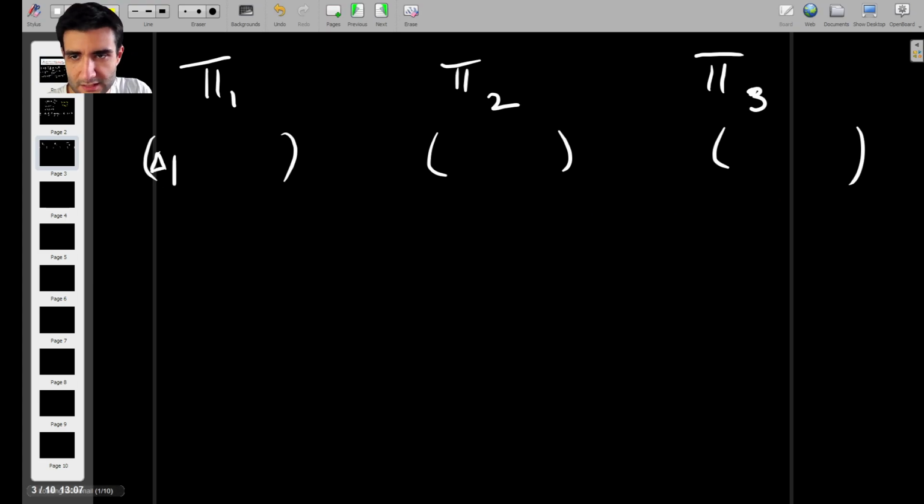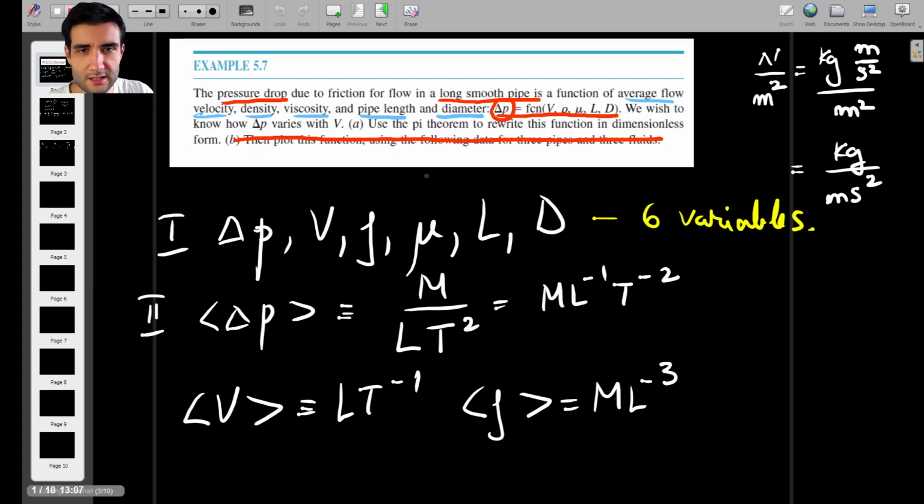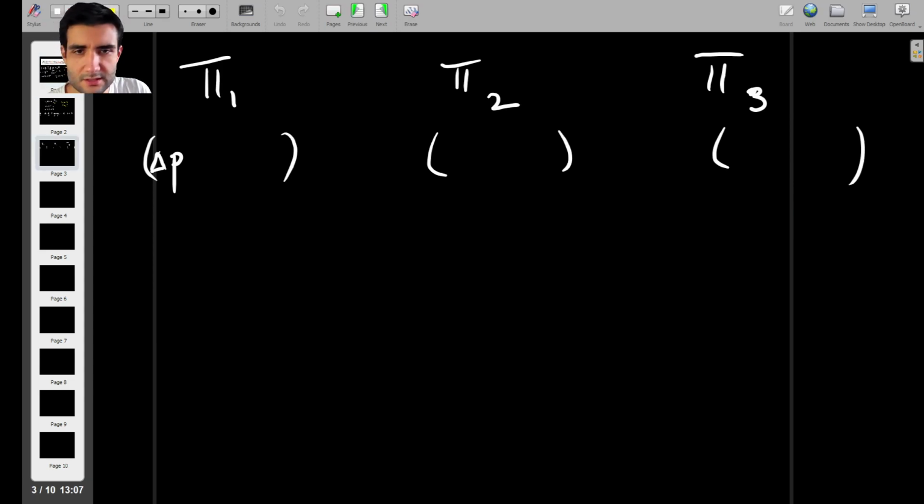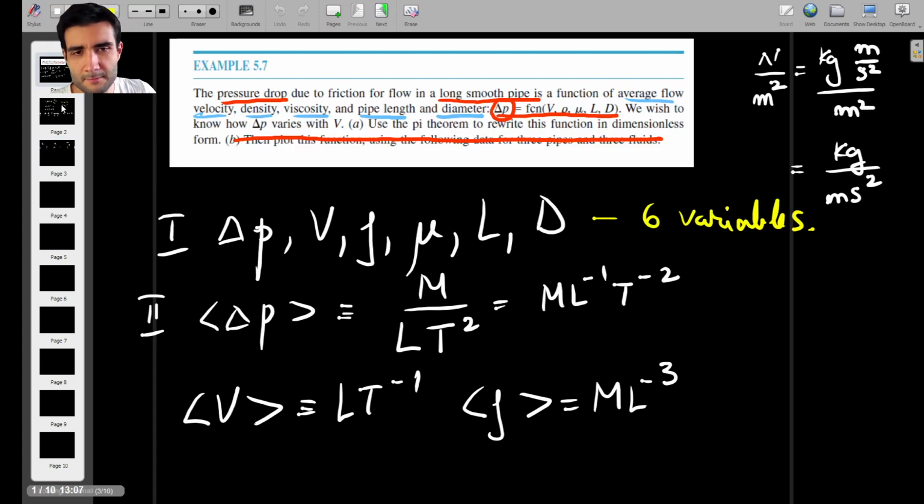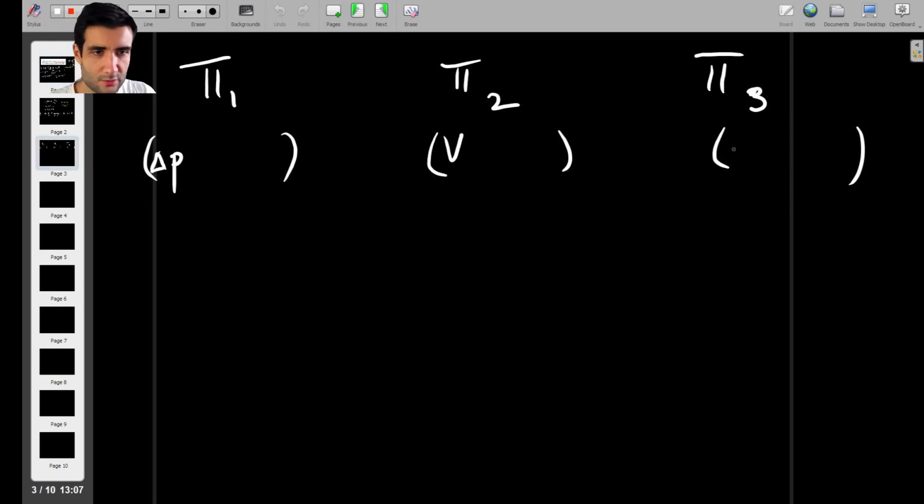So that's going to be delta P. And then for the second pi group, let's say we can use velocity. Technically, you can use any one you want, but I think using those in particular makes things make more sense in the end, as you'll see. And then for the last one, let's say, length.